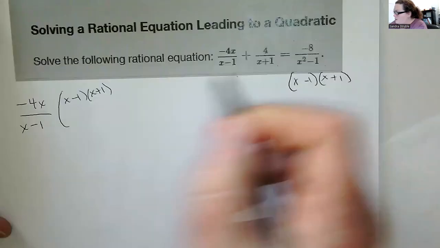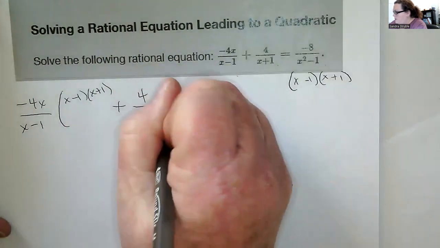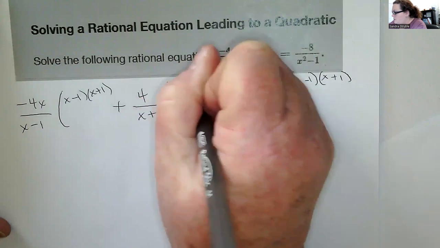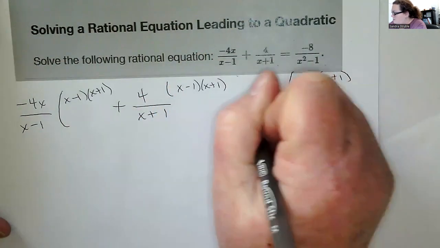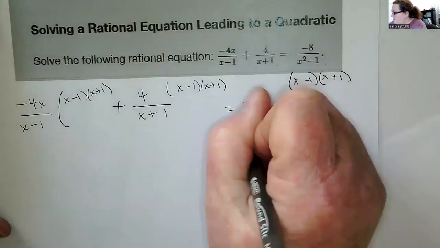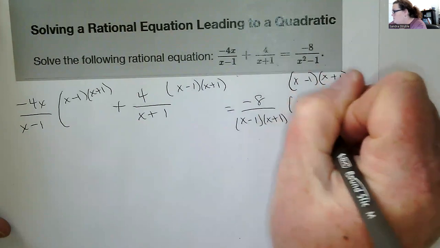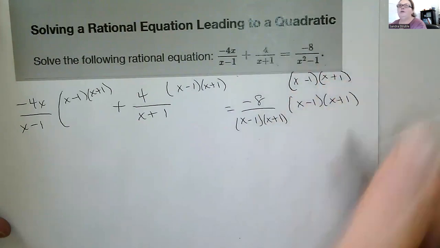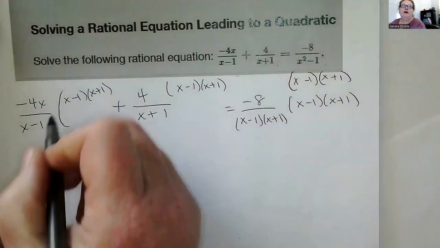And then plus 4 over x plus 1 times x minus 1, x plus 1 is equal to negative 8 over x minus 1, x plus 1 times x minus 1, x plus 1. All right, I know this parenthesis looks a little weird, so sorry about that.